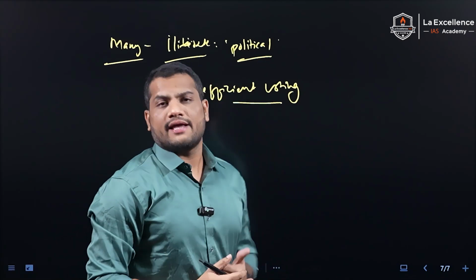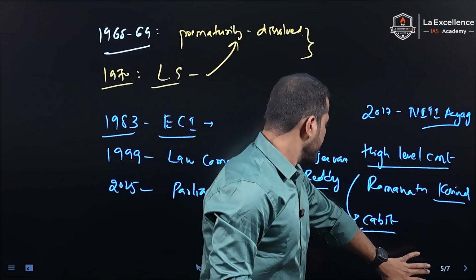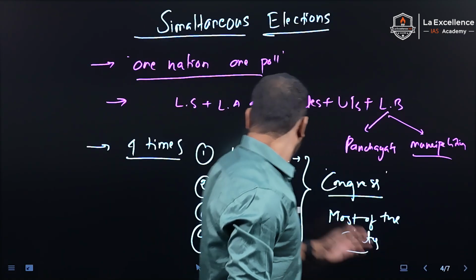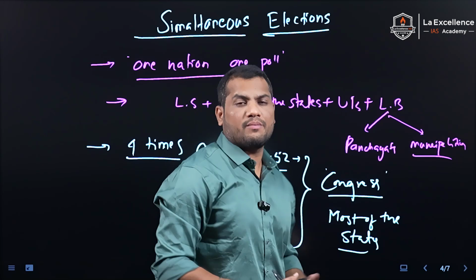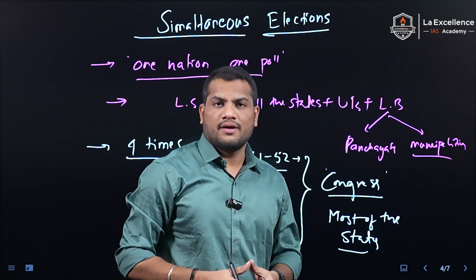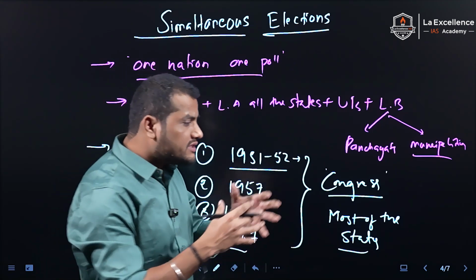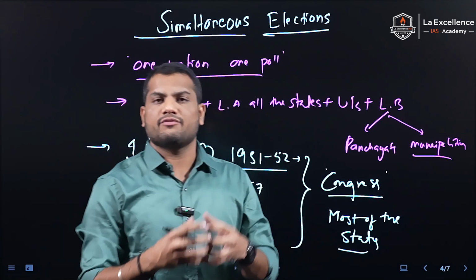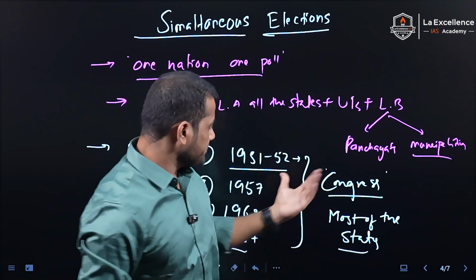We saw in the beginning that for all these periods there was only one government at the center and the states, the Congress, right? Because there was a simultaneous election. Since there was a simultaneous election, the voting behavior of the people was majorly tilted towards the national party, the Congress.